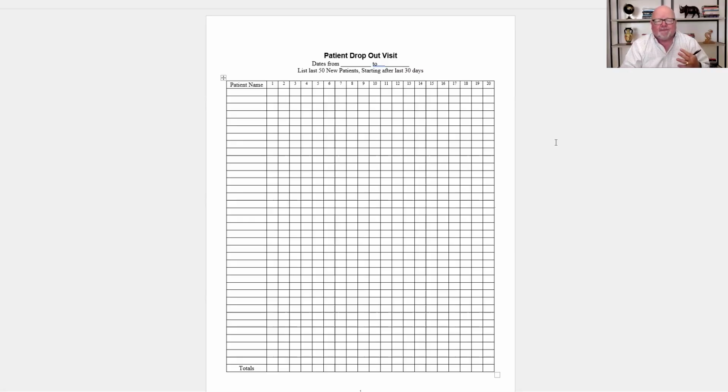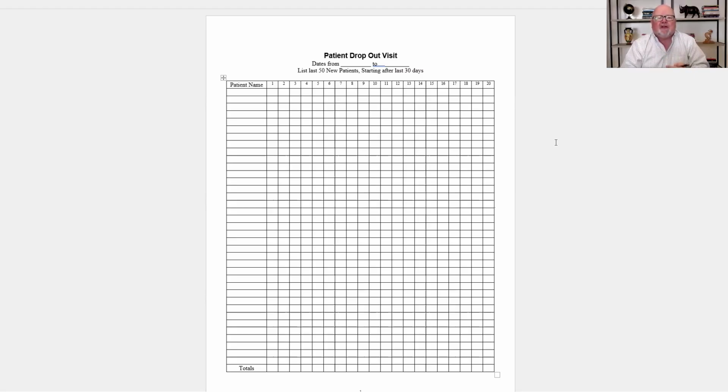Now, how we do that is you have to go backwards 30 days first, okay? You can't start in the first 30 days because let's say it turns out you have a huge dropout on the 5th visit. Well, if you're including patients in the first 30 days, they wouldn't even have dropped out yet. Or let's say they dropped out on the 10th visit. A lot of them wouldn't even have dropped out because you didn't even give them the chance.